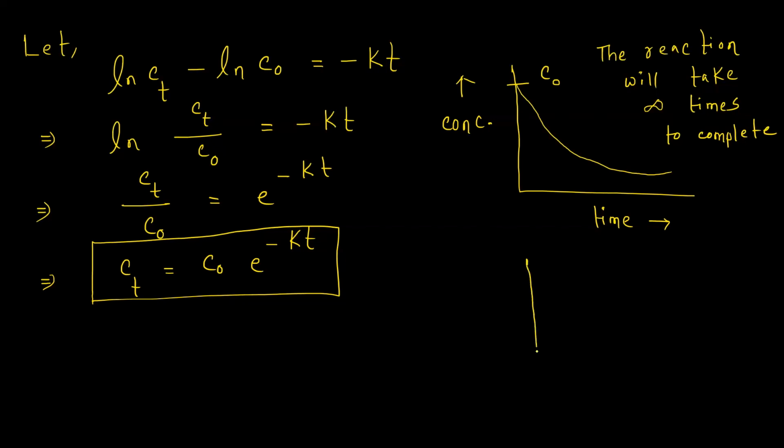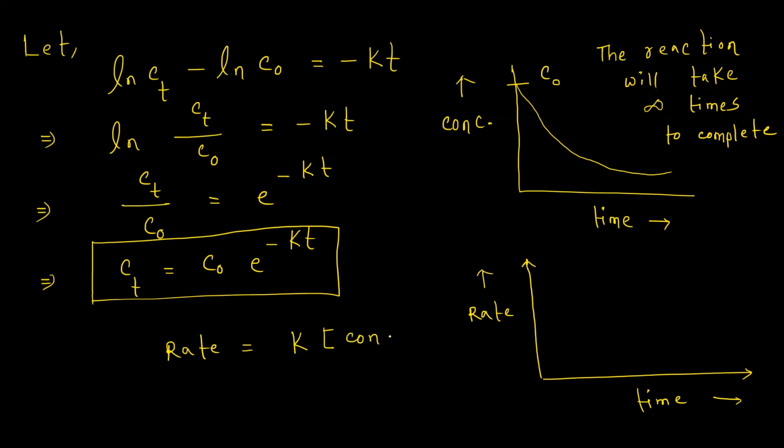If we also plot a rate versus time graph, as we know, for a first order reaction, rate is equal to rate constant K multiplied by concentration of reactant power 1.